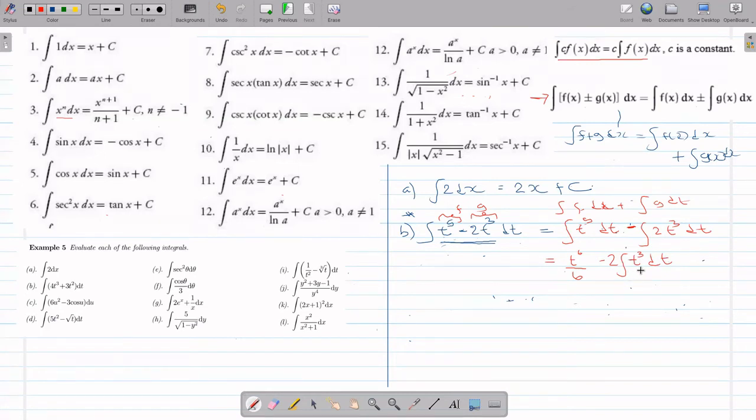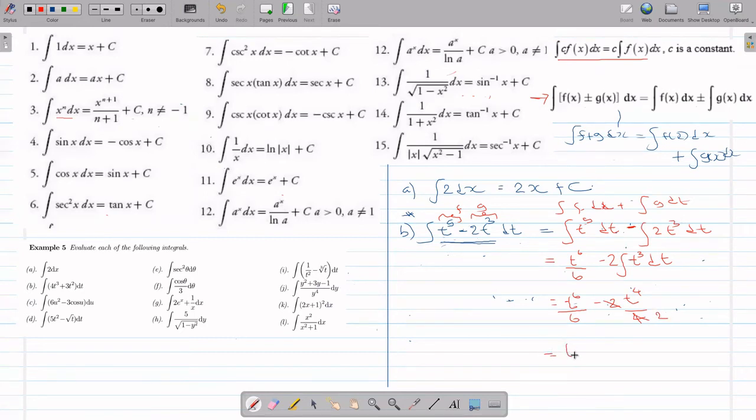Now if I look at here, minus 2, this is 3n plus 1 is 4, over 4, okay, so the 2 can be cancelled.